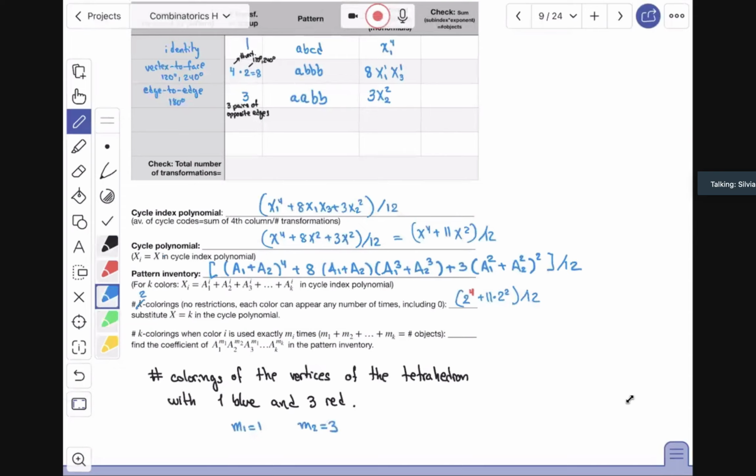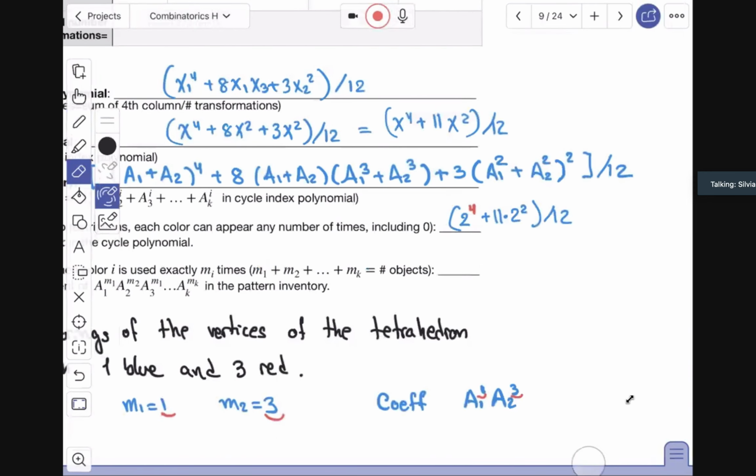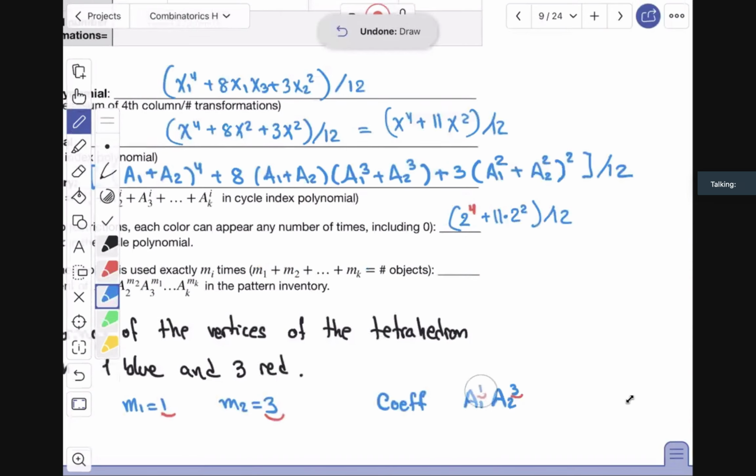So I'm looking for the coefficient of A1 to the first, A2 cubed. My M values are my exponents here.